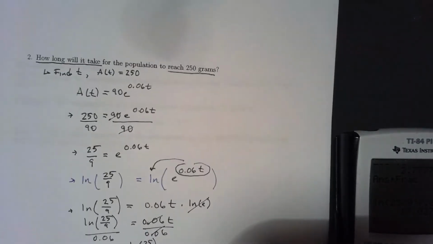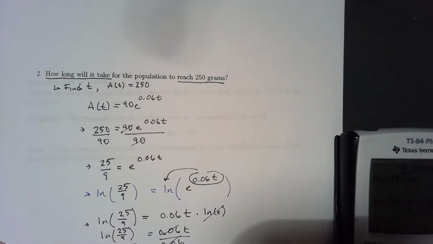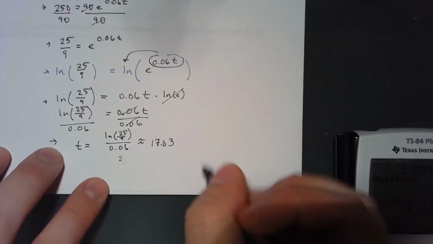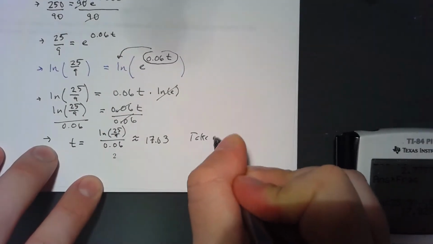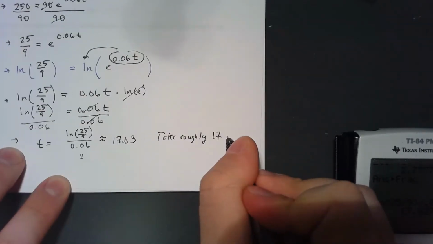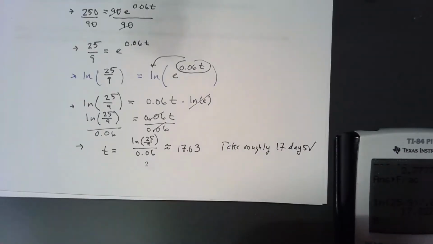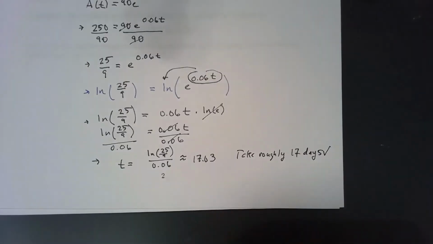So, to answer the question, how long will it take for the population of bacteria to reach 250 grams? It'll take roughly 17 days. That's it.